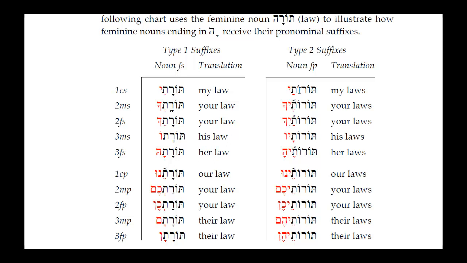It becomes torot when it's plural, when it's laws, and all you do is add the pronominal suffix. You have the patach yod, so torotai is here. Torotecha is your second masculine singular with a plural noun, your laws. Torotayik is second feminine singular, your laws. Torotav is his laws. And then torotecha, that would be her laws here.